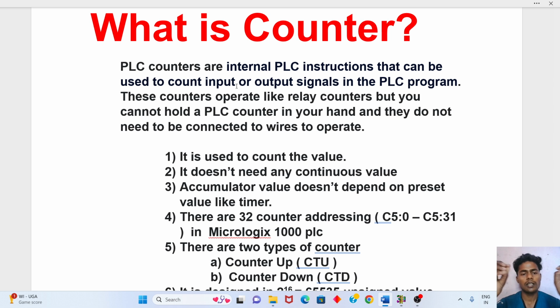And the next line is: these counters operate like relay counters, but you cannot hold a PLC counter in your hand. They do not need to be connected with wires to operate.